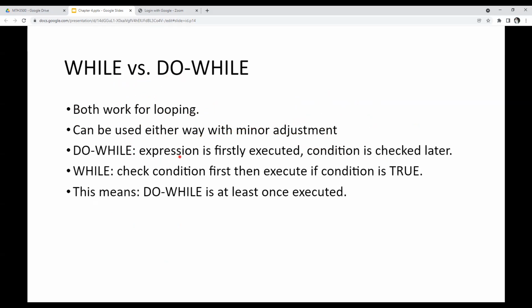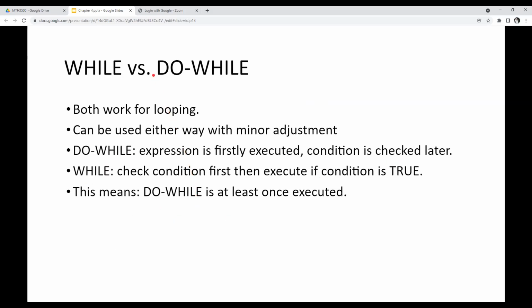In do while, the statement is executed first, and then the condition is checked after that. In while, you check the condition first and then execute if the condition is true. This means that if you put the same condition for do while and for while, do while will be executed at least once.